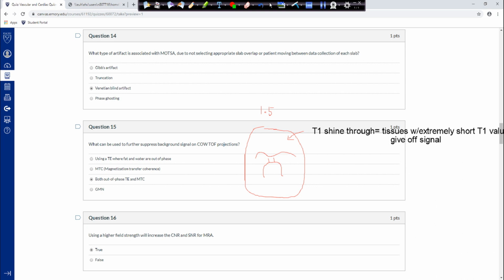But as we increase our field strength, where we go up to a 3T, we're going to be able to see even the smaller vessels coming off. So we get better contrast to noise and better signal. The only issue is our SAR limits. We're going to heat our patient up with our higher Tesla magnets.